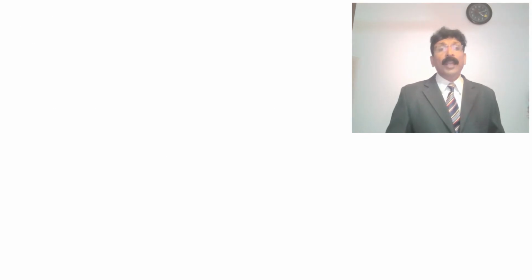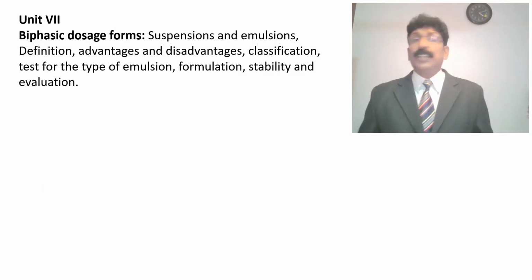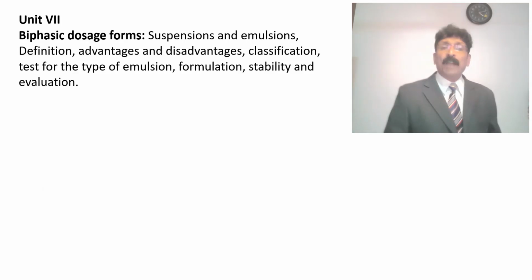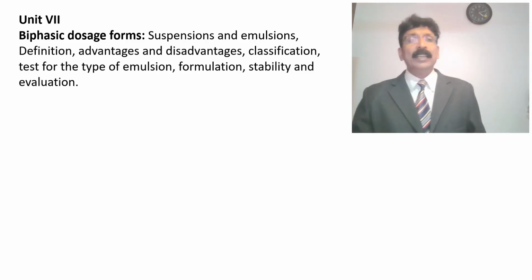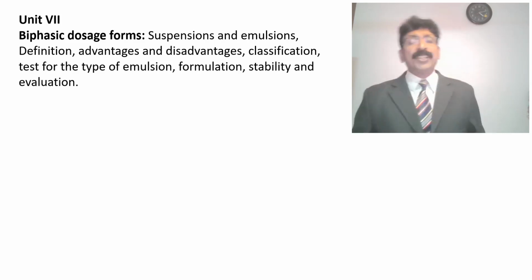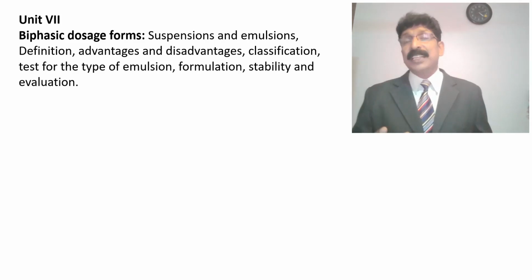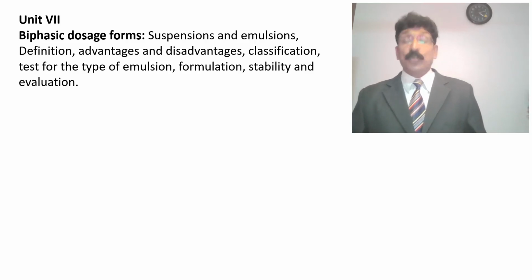And you can see about unit 7. Here the syllabus deals with biphasic dosage forms, suspensions and emulsions, definition, advantages and disadvantages, classifications, tests for types of emulsion, formulation, stability and evaluation of biphasic dosage forms.